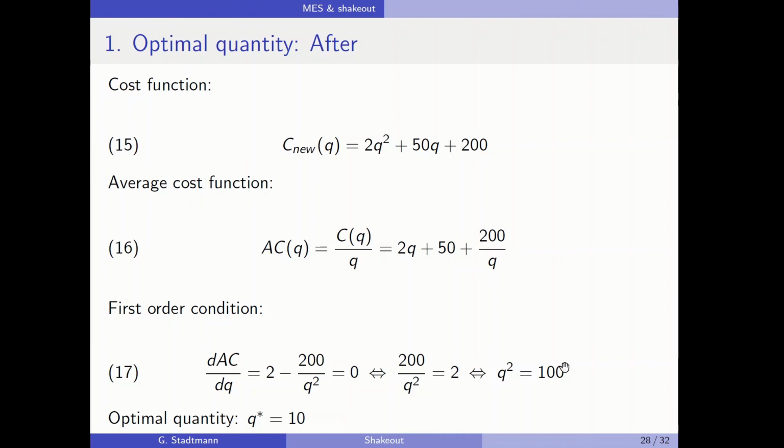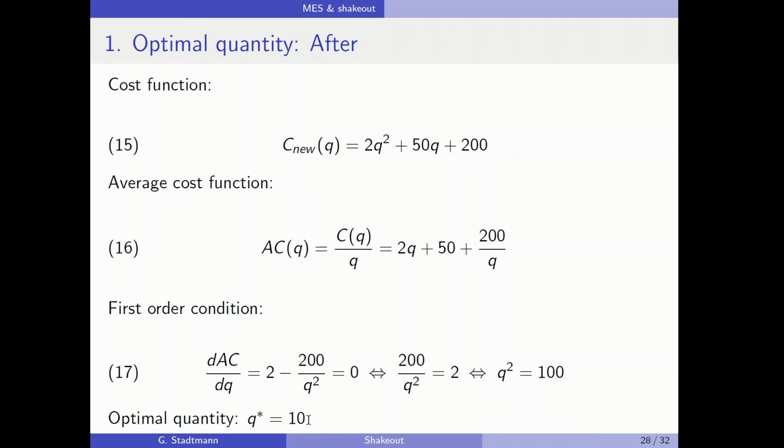And when we take the square root of this relationship here, we get the information that now the optimal quantity is equal to 10. So due to the fact that this innovation has taken place, which led to an increase of the fixed cost, but a reduction in the variable cost, the minimum efficient scale increased.